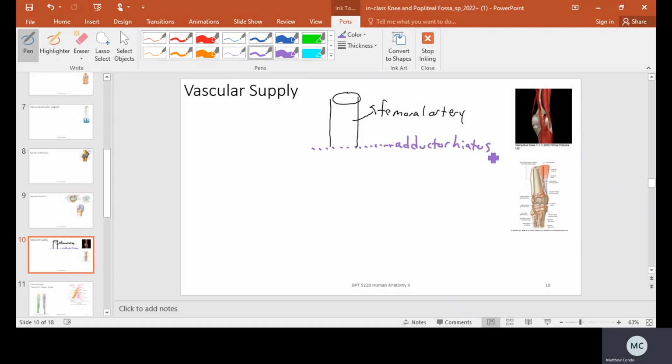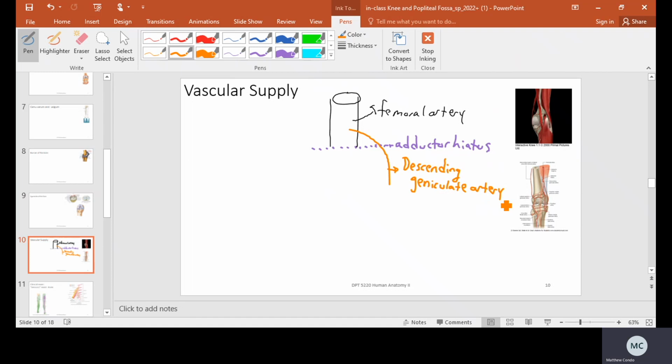Before the femoral artery goes through that adductor hiatus, it's going to throw off a branch. And this branch is going to be called the descending geniculate artery.